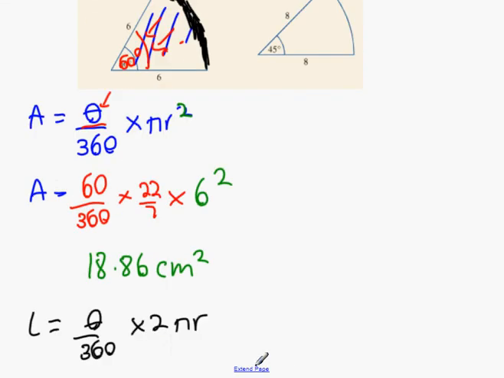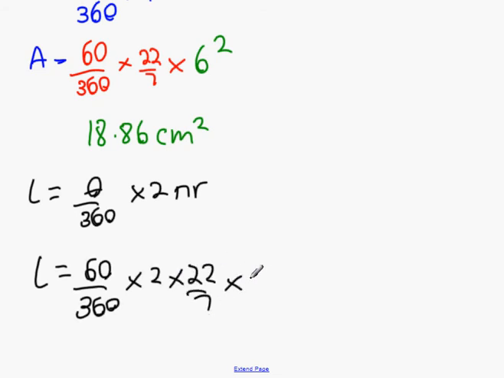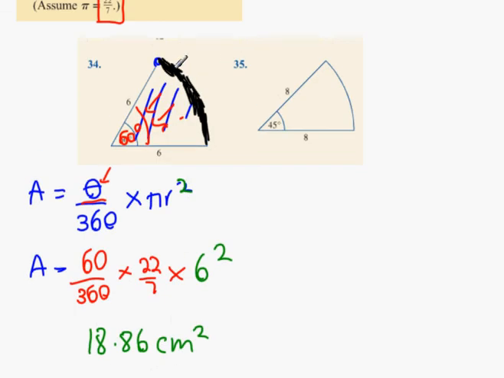Now, what is the length of the arc? 60 over 360 multiplied by 2 pi times 6. And what do we get? 6.3 centimeters squared or centimeters? Centimeters, because it's a length.